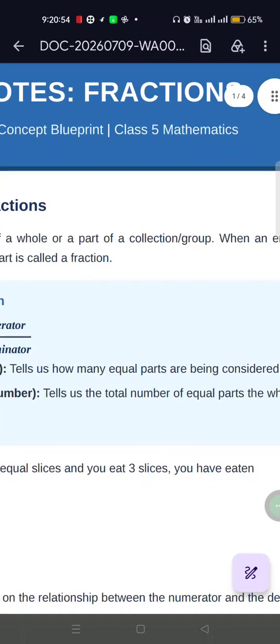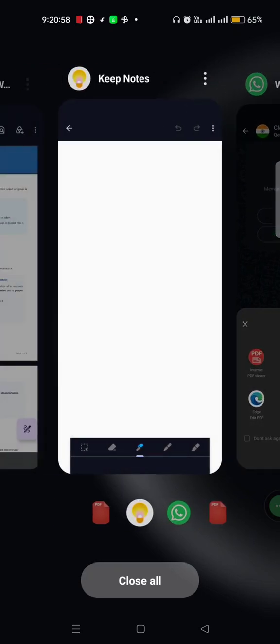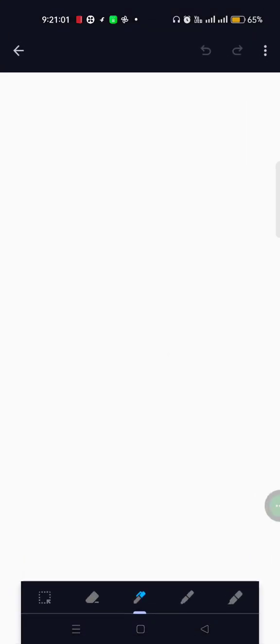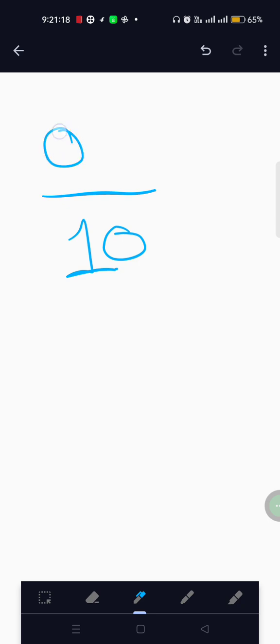Okay, so I will also explain with an example what exactly a fraction is. Suppose that in a class I have given you a test of 10 questions which are of 10 marks. Out of them you have answered 5 questions correctly, so you will get 5 marks out of 10.